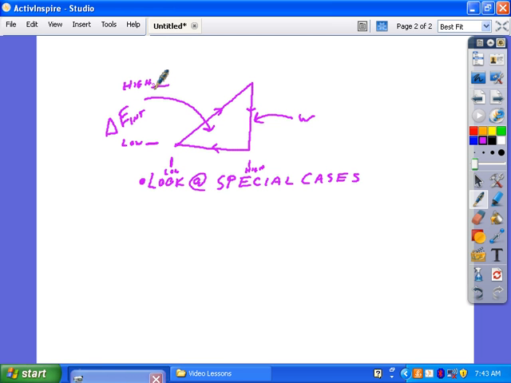What does it mean when you go from a low value to a high value, or from a high value to a low value? Think about that in terms of the work of the system equals the integral of P dV. So think about that stuff, try it out, and see what happens.